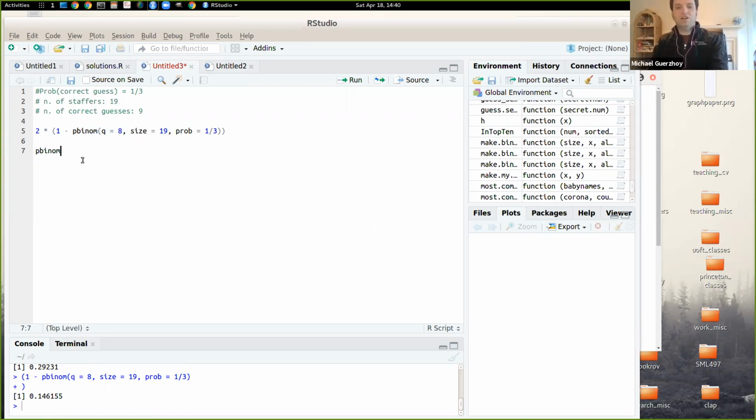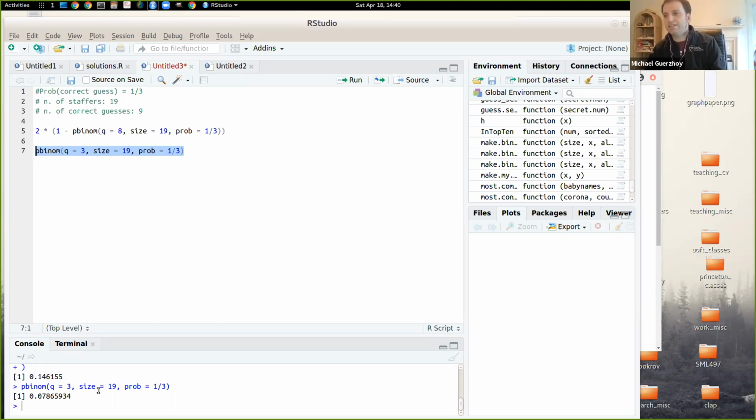What if we try q equals 3? That's as far away from 6 as 9 is. We'll do prob equal to 1/3. What we'll get is that q equals 3 is more surprising. So 3 or fewer is more surprising than 9 or more, because the probability is smaller. Small probability means more surprising. So we can try q equals 4.